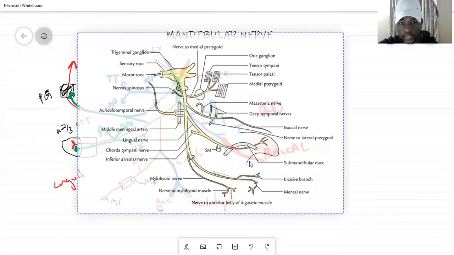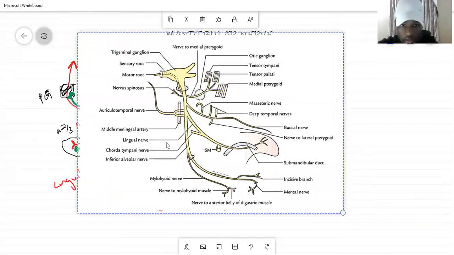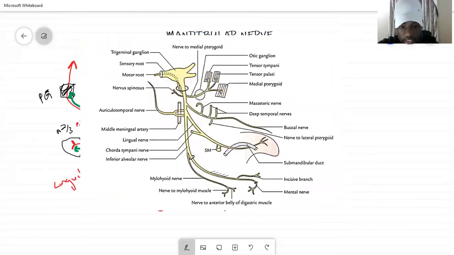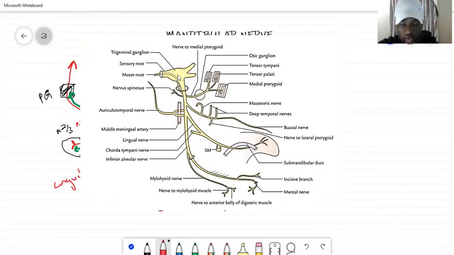So without wasting time, what you can see from this picture, we have our otic or our trigeminal ganglion, which is what I drew there for you. And you will have your V1, your V2, and V3 from it. So you have your V1 there, you have your V2 there, right?